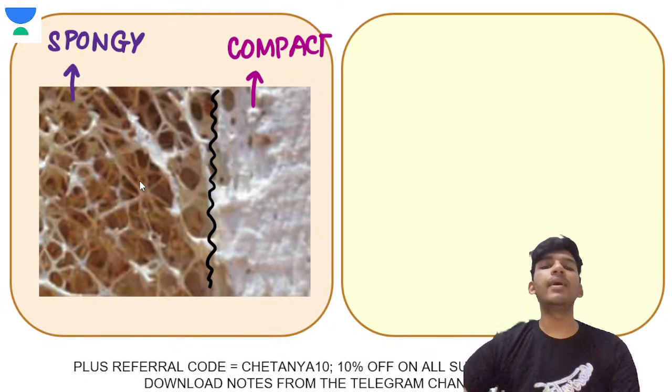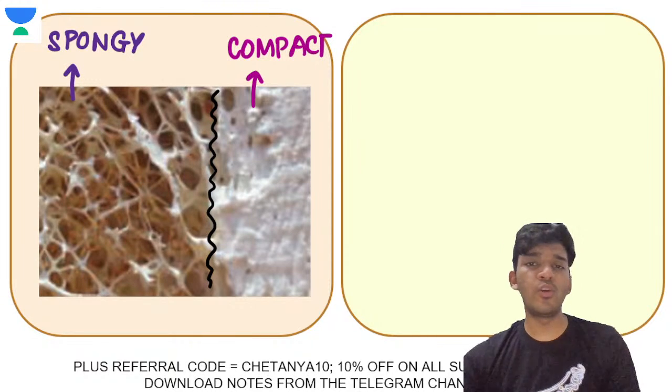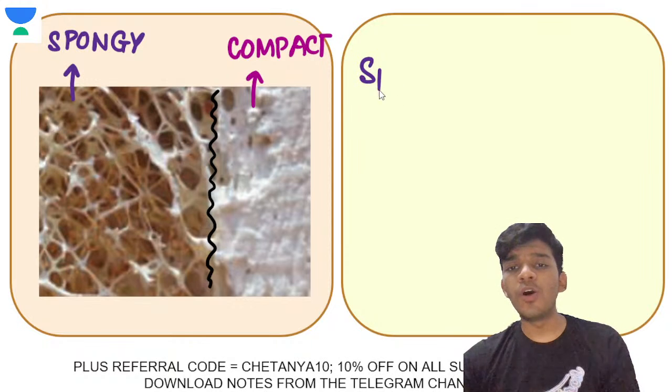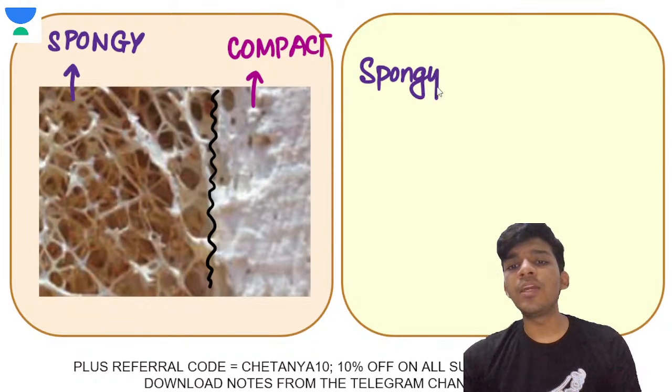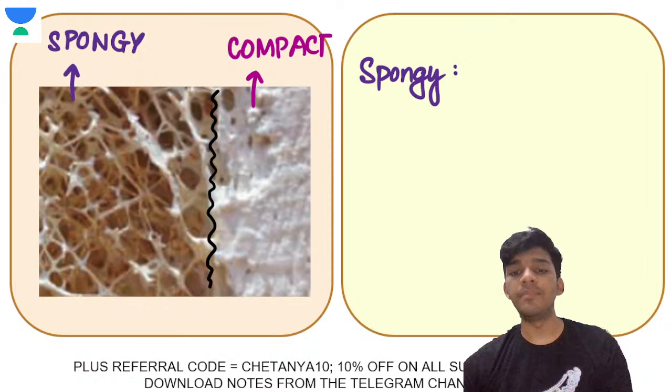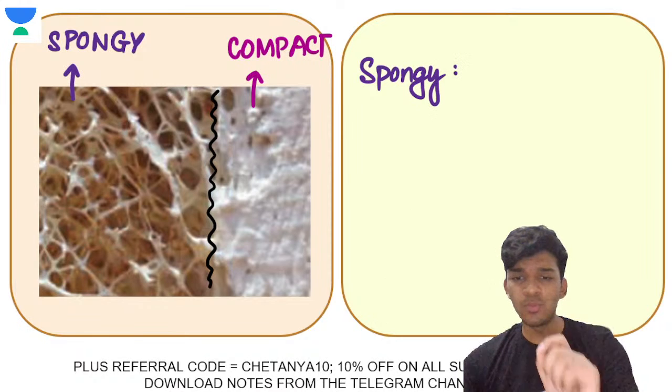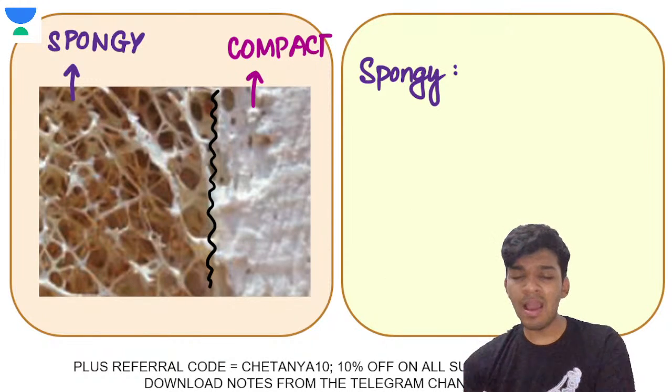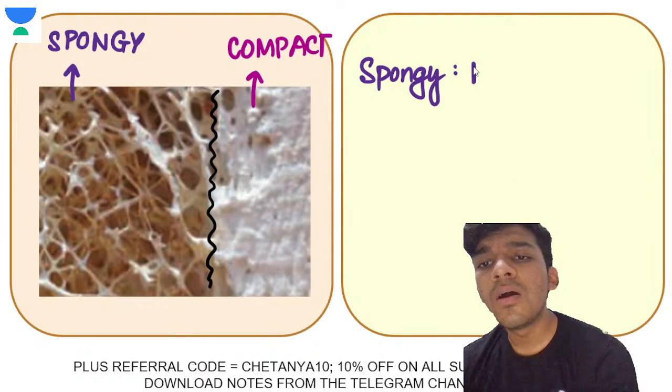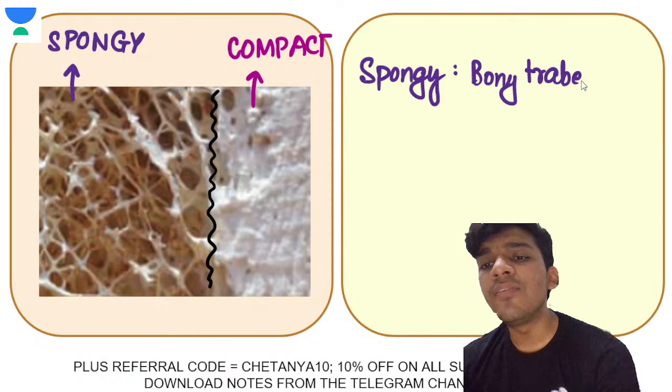So how do you identify spongy bone? You can make out that there are trabeculae. When you are looking at the bone, the configuration is spongy, and there are bony trabeculae, and in between them you have marrow spaces.